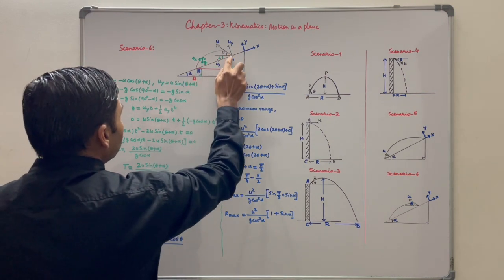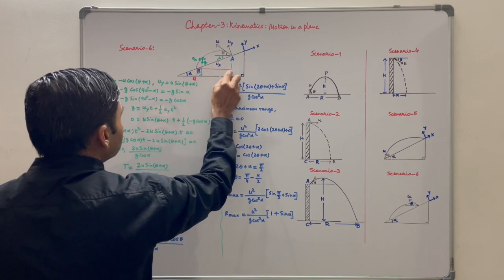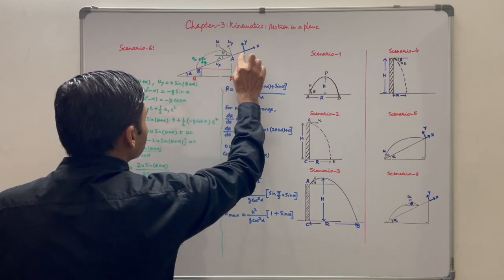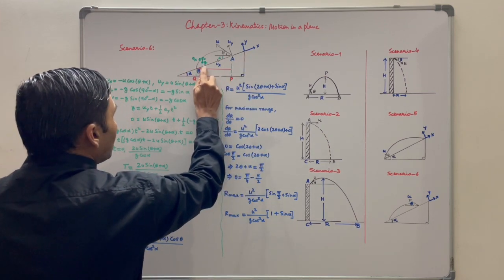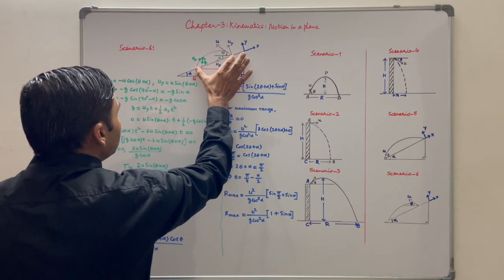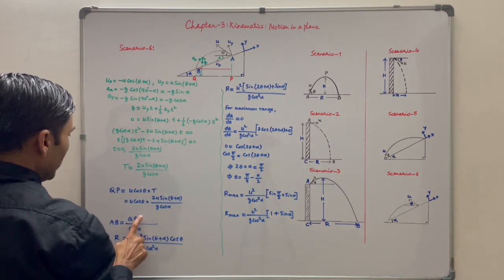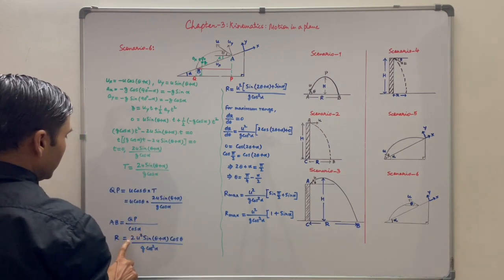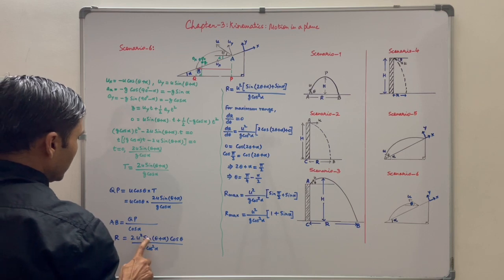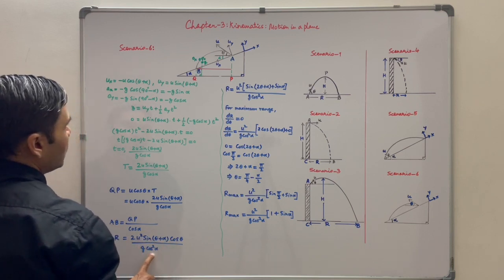In this right angle triangle, this angle is equal to alpha as this is parallel to this and this is transversal. So cos alpha is equal to QP upon AB. AB is range R. So R is equal to QP upon cos alpha. That is equal to 2u square sin(theta plus alpha) cos theta upon g cos square alpha.